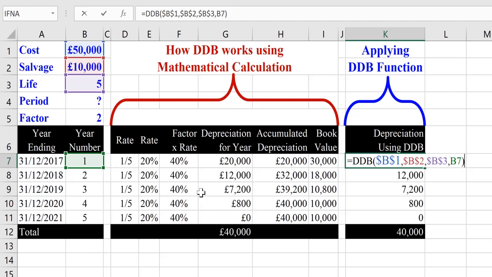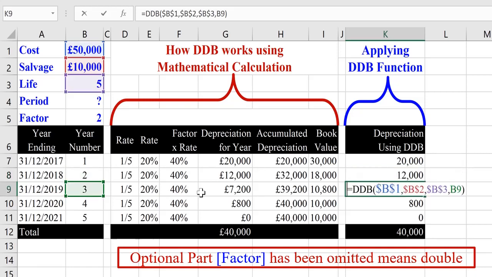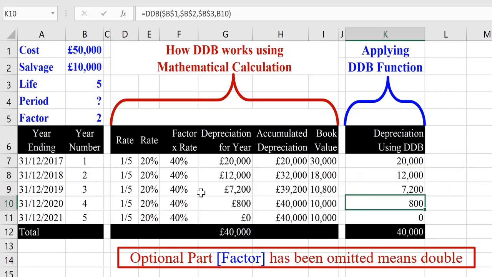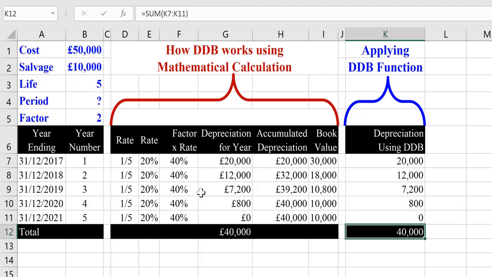Period must be 1 for the first year, 2 for the second year, and so on up to 5 for the fifth year. So total depreciation that DDB has calculated is 40,000. We cannot go beyond 40,000, as the cost minus salvage is equal to 40,000.